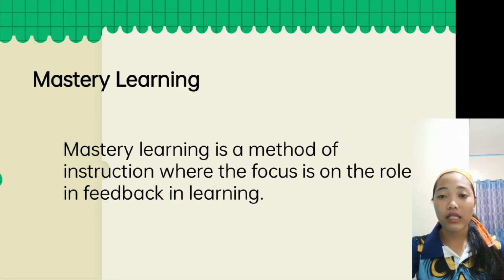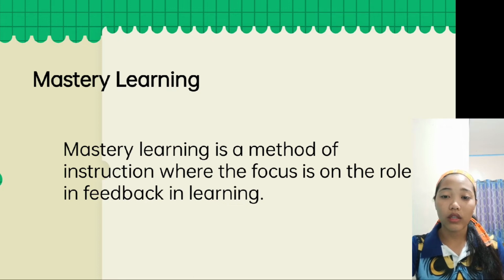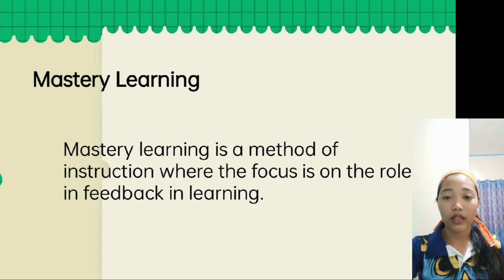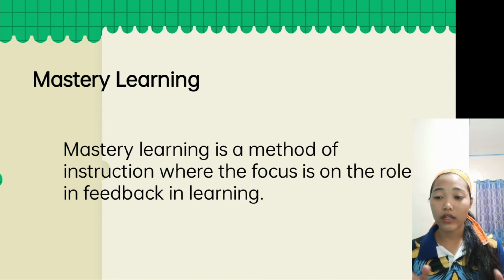Next, we have mastery learning. Mastery learning is a method of instruction where the focus is on the role of feedback in learning. So this is the time when the teacher is giving feedback to those students who had learned from the discussion.